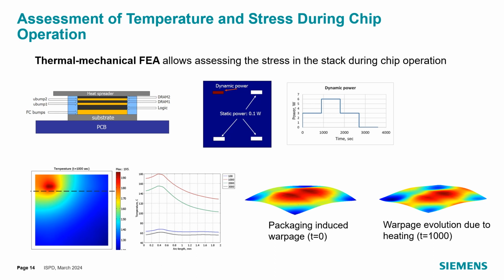The tool can now analyze non-uniform temperature and the resulting stress during chip operation conditions. In this simple work, we placed one dynamic and three static power sources on the die corners. The tool can keep track of time evolution of temperature and the resulting thermomechanical stress.